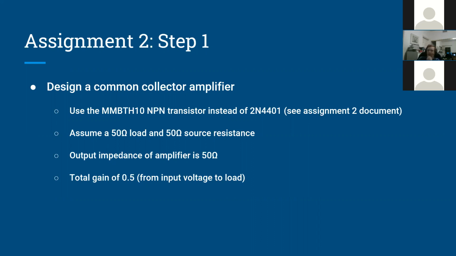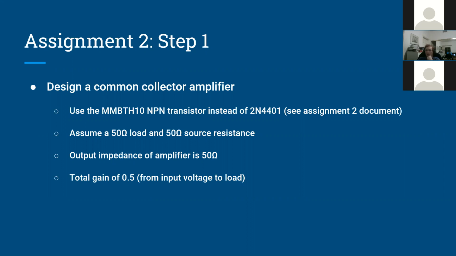So this assignment will be focusing on designing first a common collector amplifier and then second an oscillator based on the common collector amplifier theory. Last time we used the 2N4401 transistor for the common emitter amplifier. This time we'll use the MMBTH10, which is an NPN transistor.